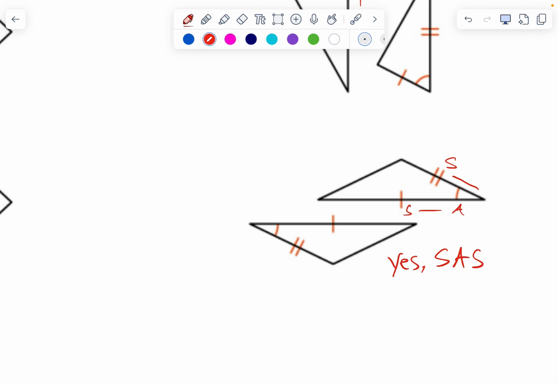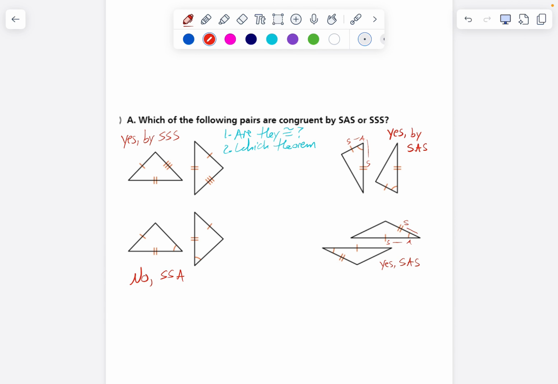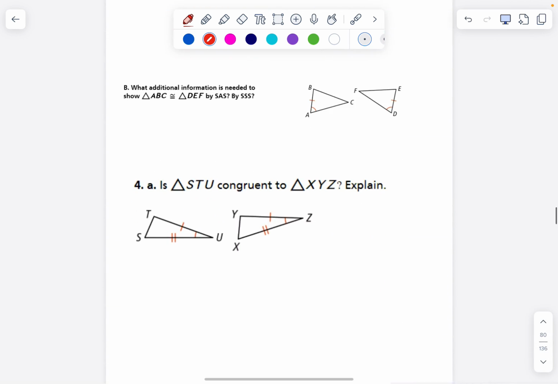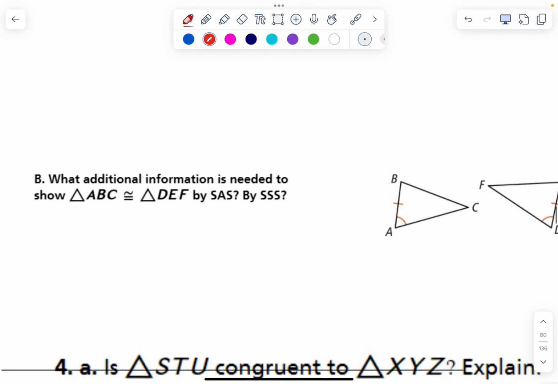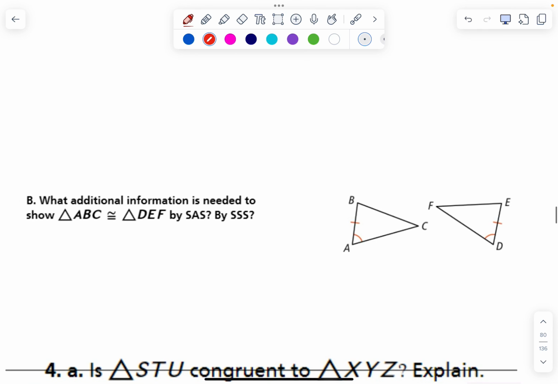It's a good way, especially when you're starting out. Pick one and then just work around to the other one, and you can see SAS there pretty clearly. So these are like mini proofs, right? We're not actually writing out the two columns with statements and reasons, but we are thinking through it like a proof.